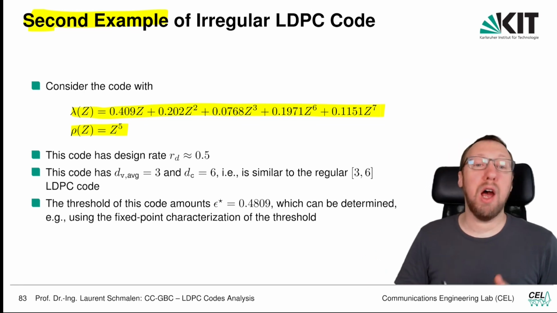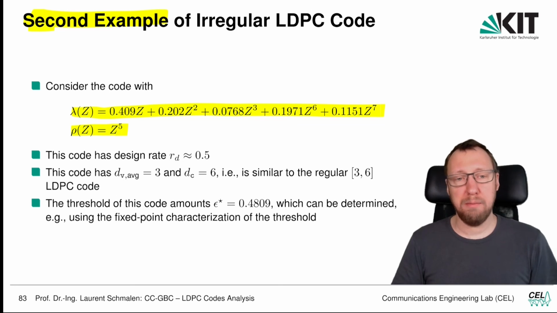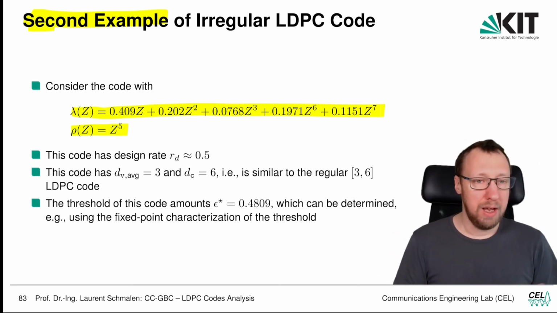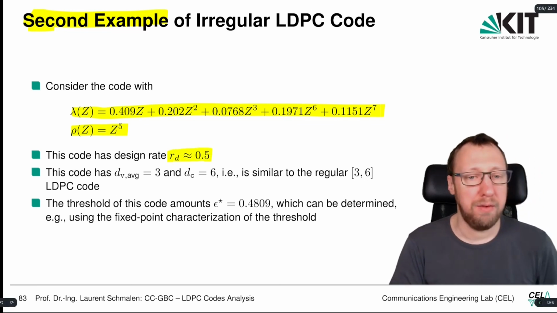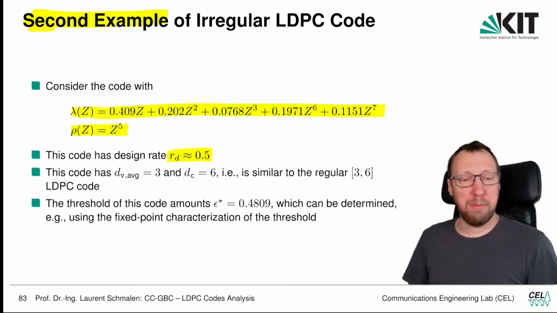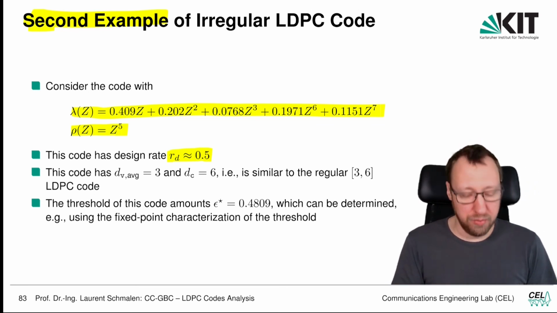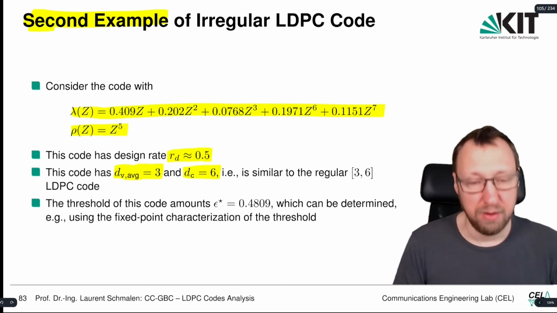And I encourage you to verify the design rate. Insert the numbers, do the number crunching, calculate the integrals, and you will get a design rate of 1/2. Also, I encourage you to calculate by hand the average variable node degree. You find it has an average variable node degree of 3 and a check node degree of 6.